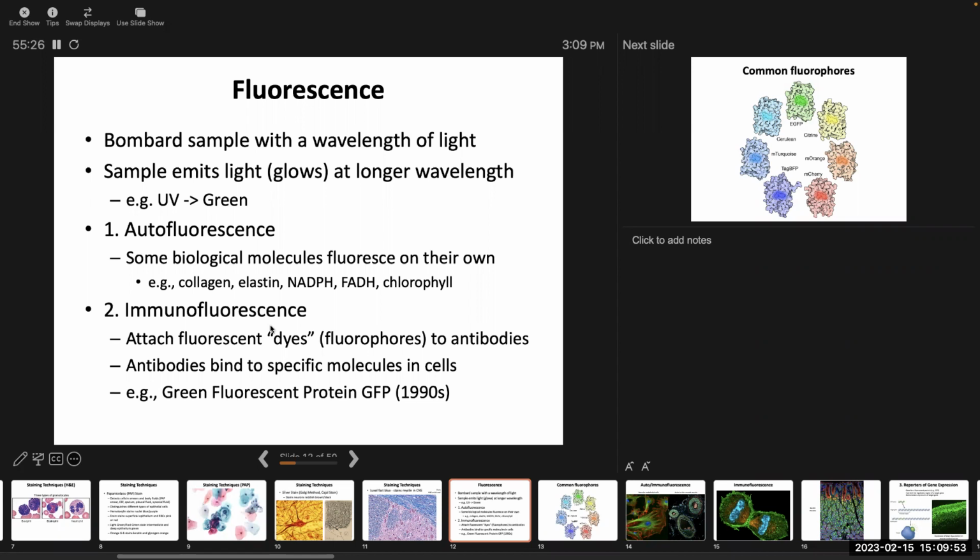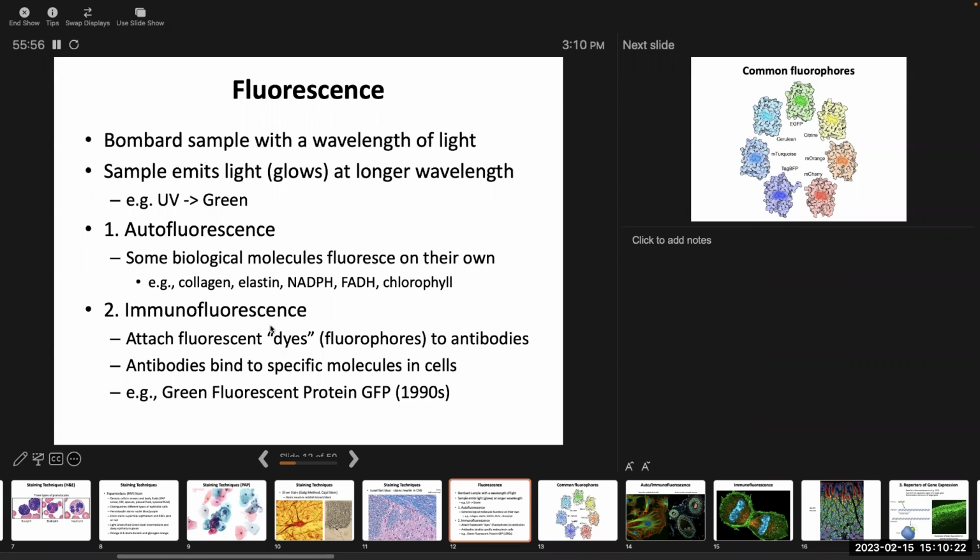So there are some proteins, such as collagen and elastin. These are proteins that are very common in cartilage, but also found in the extracellular matrix of a lot of tissues. These things will just glow spontaneously in the presence of light. Some of the molecules that are involved in energy transport in the body, such as NADH and FAD, or FADH.